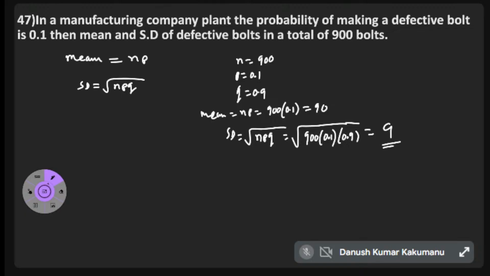Standard deviation of the Poisson distribution is root lambda, root 90. Root 90 is 9.4 something. If your option is given as 9.4 for the standard deviation in your exam, which distribution did you apply?